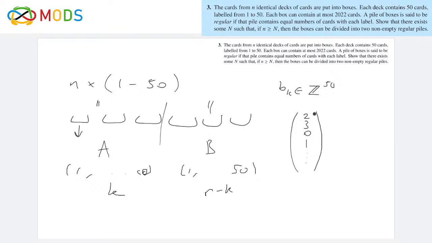How about this? Is it possible to show that the total number... Oh, wait, no. Maybe that doesn't help, though. Or maybe it does. Like, induct on dimension. Oh, induct on dimension could work too, yeah.